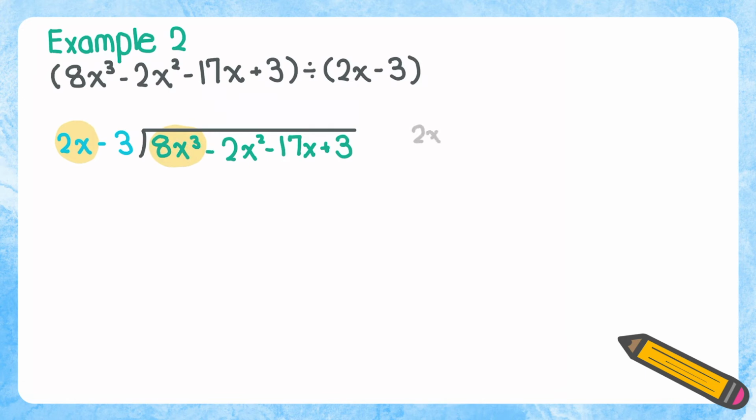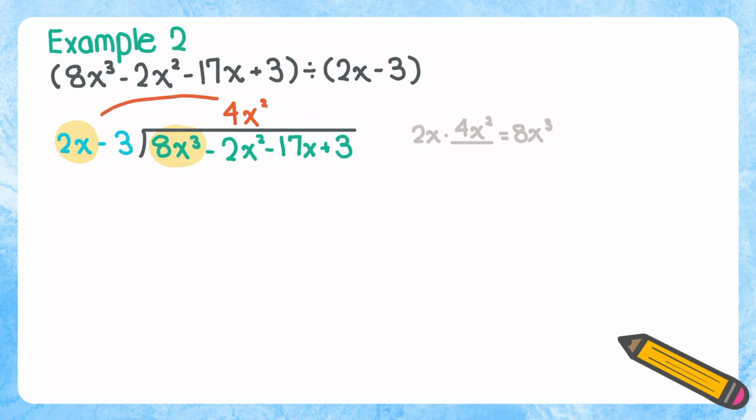So 2x times what would equal 8x cubed? It would be 4x squared, because 2x times 4x squared equals 8x cubed. So I'm going to write the 4x squared. Again, since it's a quadratic term, I'm going to align it with the quadratic term in the dividend.